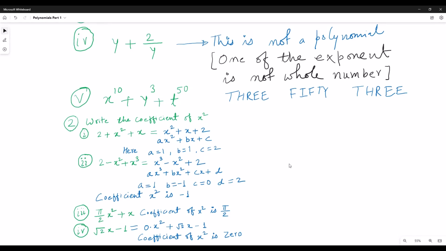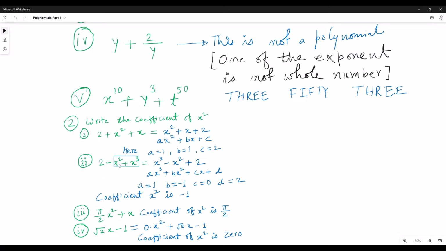Write the coefficient of x square. 2 plus x square plus x. We can write it as x square plus x plus 2, the same thing. And ax square plus bx plus c is the general expression of a quadratic polynomial. So the coefficient of x square is 1, right?